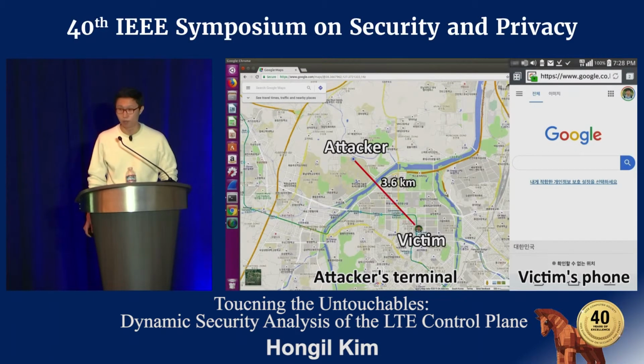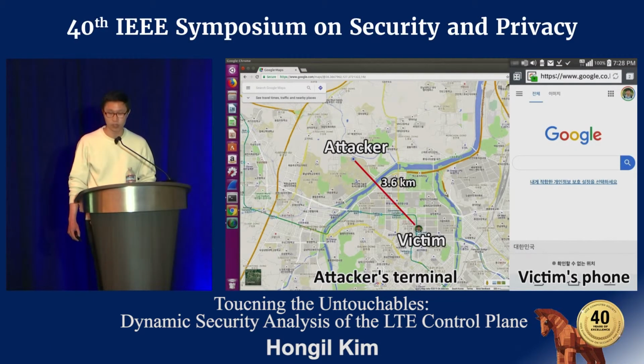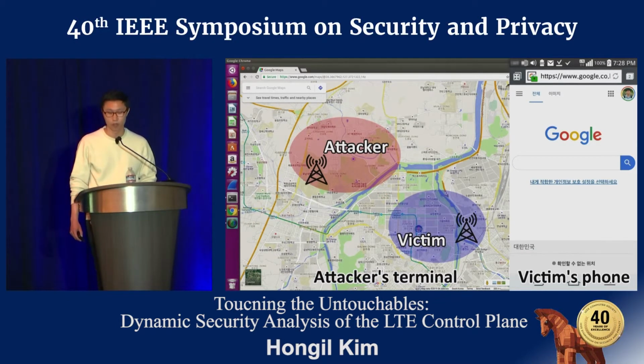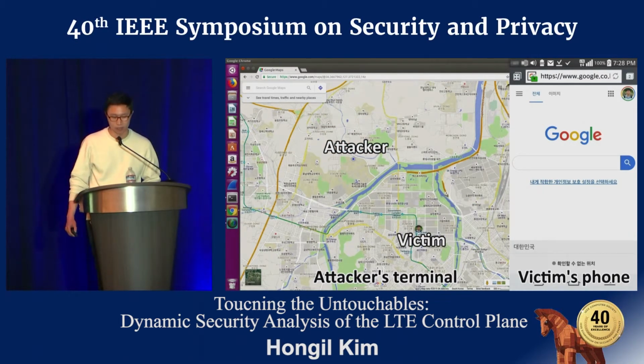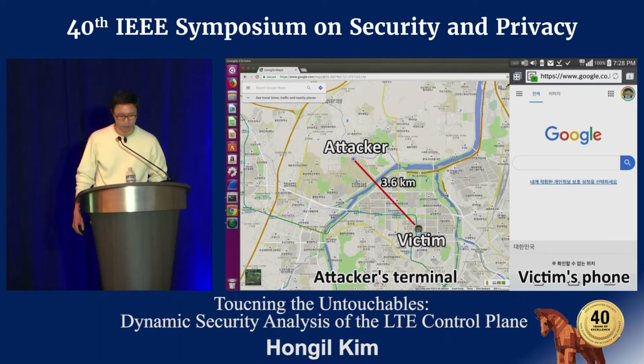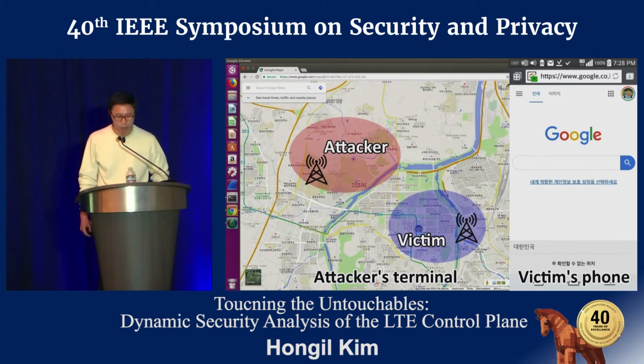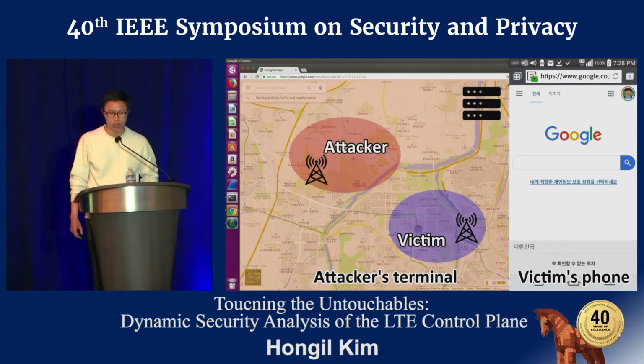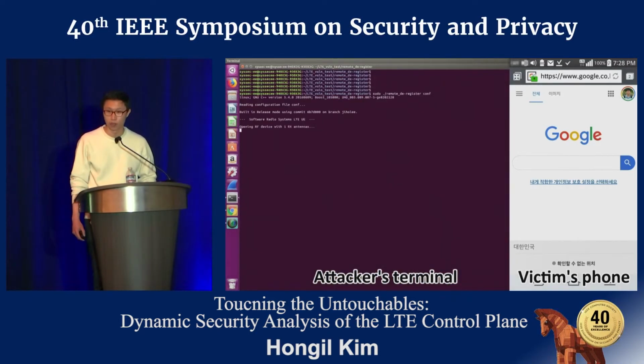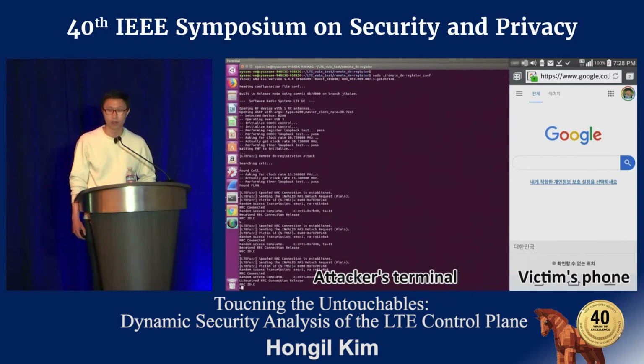The attacker and the victim are 3.6 kilometers apart, which means the attacker and victim are connected to different eNode Bs, but in the same MME pool area. Attacker and victim are connected to different eNode Bs, within the same MME pool area. And the MME pool area is known to be very, very large.